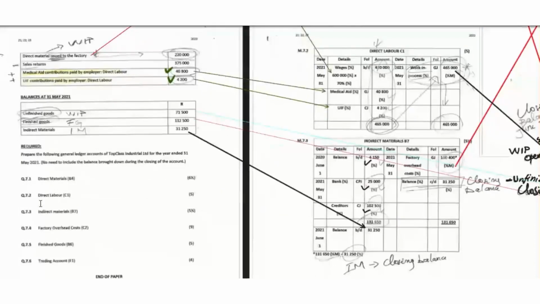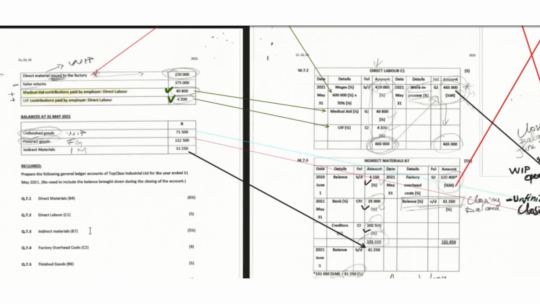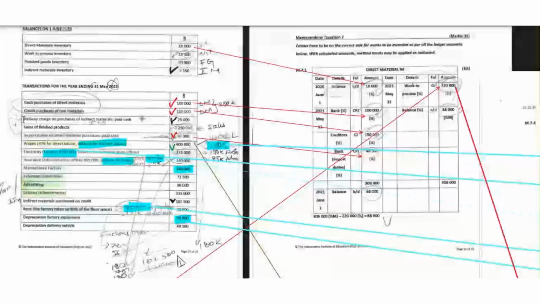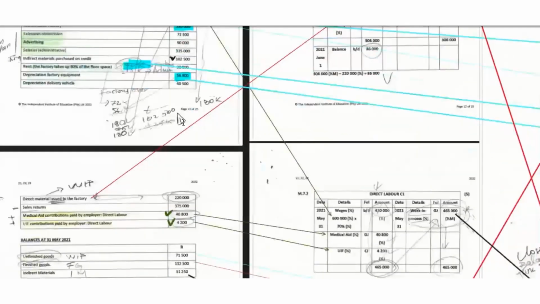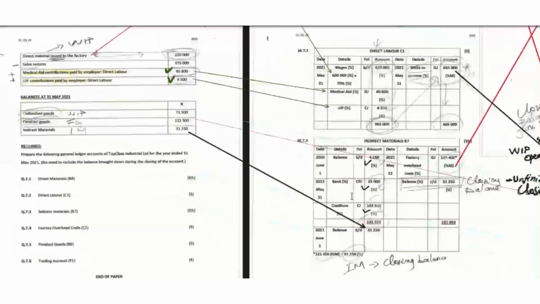The second ledger, direct labor. They may also want an indirect material ledger. It does make sense because we do have indirect material here. Remember railage charges on purchases for that indirect material? It was 25,000, and that 25,000 needs to be added to this ledger for indirect material.